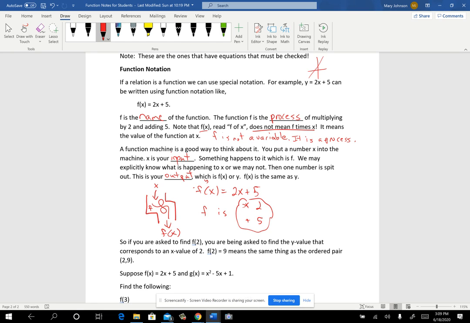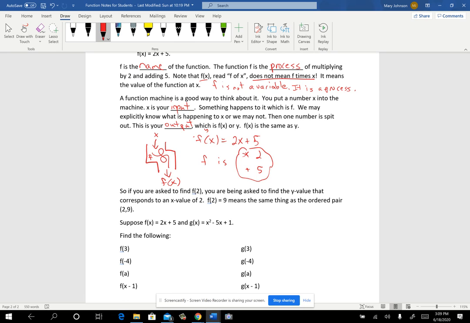So for instance, if I ask you to find f of 2, you're being asked to find the y value that corresponds to an x of 2. Well, that's what we were doing when we were graphing. It's really this question I've asked you before: find the y that corresponds to an x of 2, and you would have just plugged the 2 in.